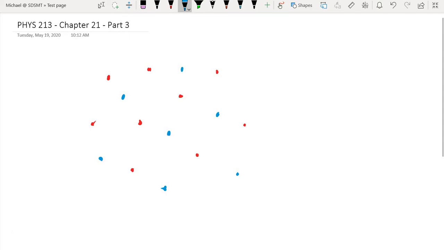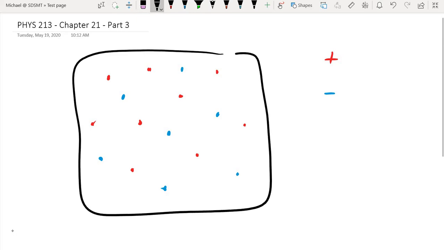If the red dots represented positive charges and the blue dots represented negative charges, and we were to ask what is the net charge of the system, well, if each dot is of an equal magnitude of charge, we would go through and count up all the red dots, which there would be 1, 2, 3, 4, 5, 6, 7, 8, 9 red dots.